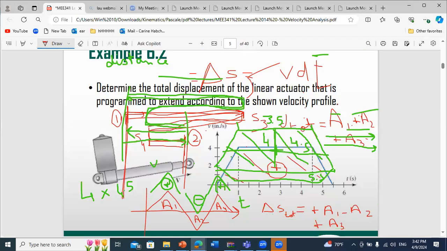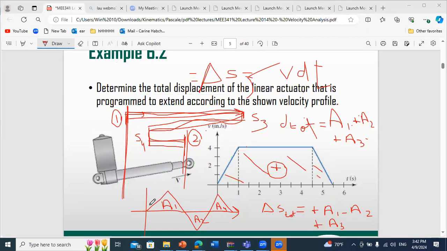Okay, great. So I was saying here, if you have a graph of v as a function of time, and you have some zones where v is positive and other zones where v is negative, you should pay attention when you calculate delta S total, because when you move in the positive direction, delta S will be positive. When you move in the negative direction, delta S will be negative.